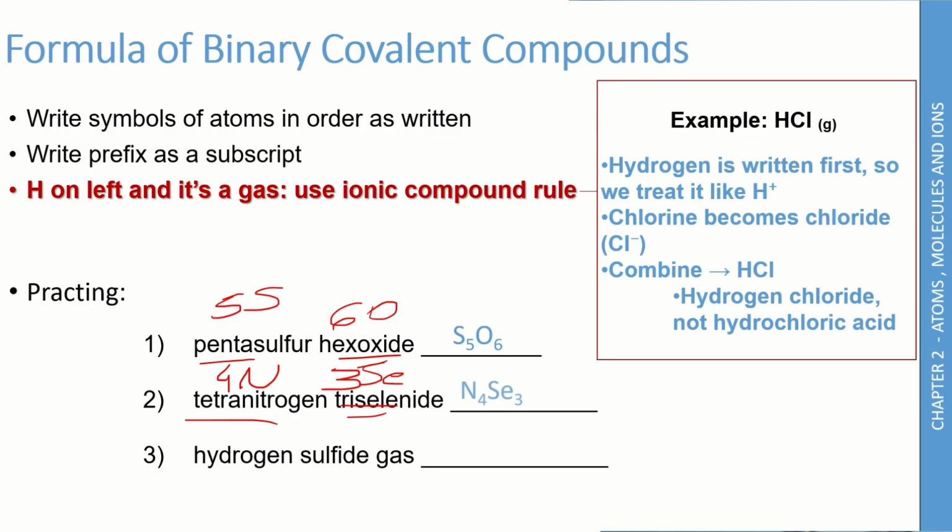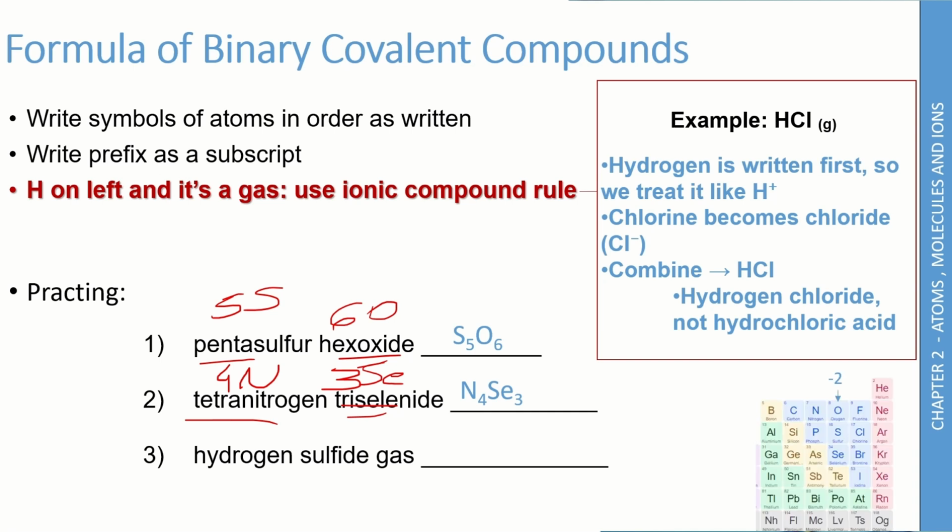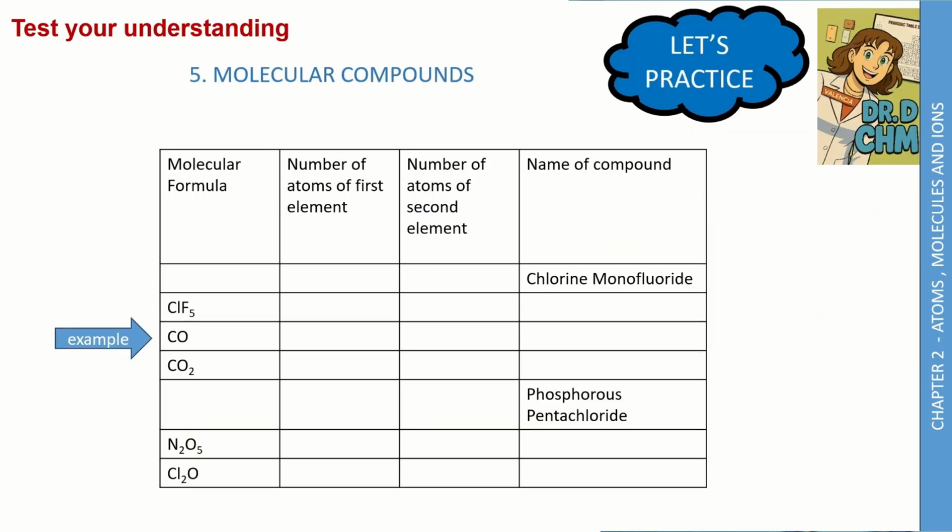So it's going to be N4Se3. Hydrogen sulfide gas. So I have hydrogen sulfide. So cross the charges and you have H2S. Good? Okay. So this will be for you to practice.